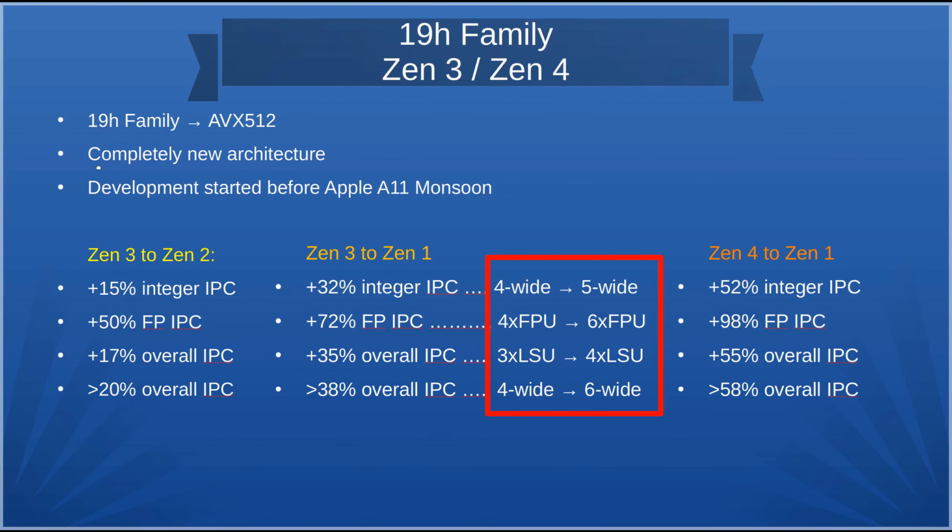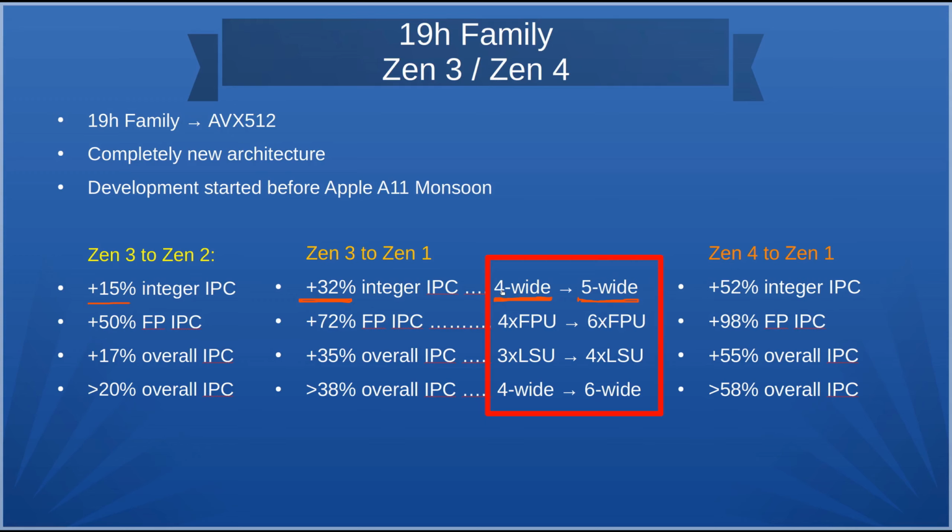We know that Zen 2 had a 15% higher IPC than Zen 1, so we can take this IPC uplift and recalculate it relative to Zen 1, and we get 32% in terms of integer IPC. That's a lot, it's like a third. And in my expectation, this suggests that instead of 4 ALUs, which is 4 wide, Zen 3 will probably be at least 5 wide.